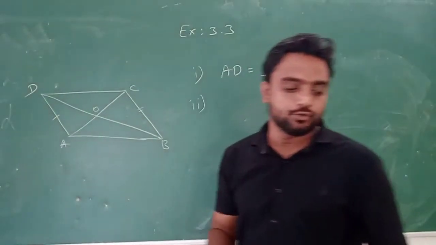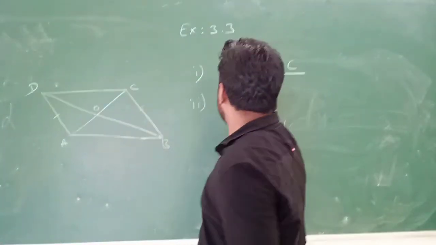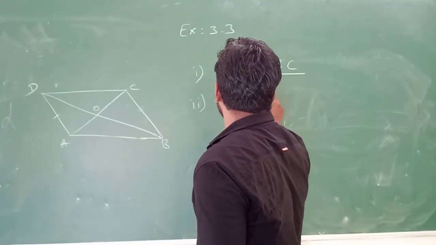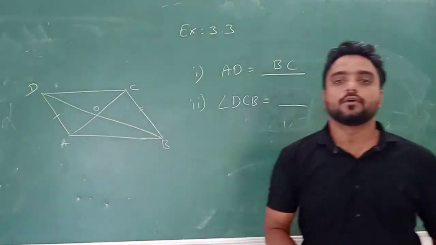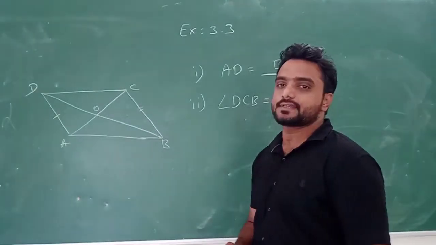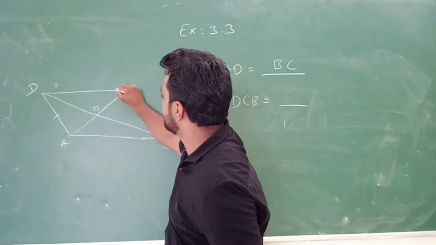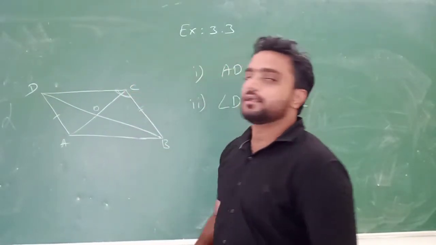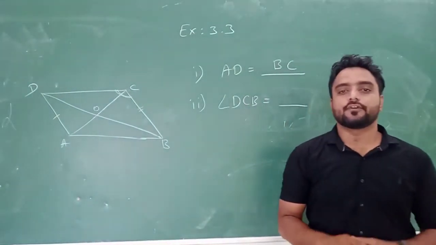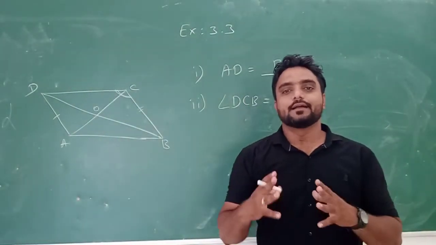What is given to you? Angle DCB is equal to blank. So let us see which angle is angle DCB. Angle D, C and B means these angles. Now according to one property of a parallelogram, the angles are equal.